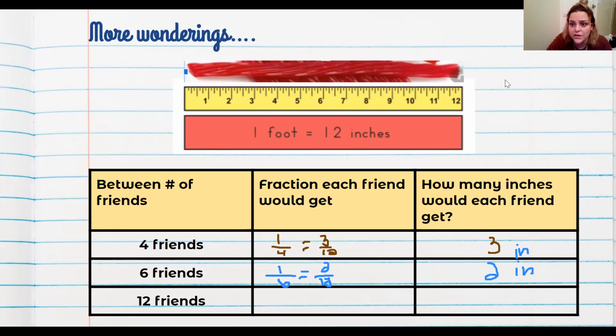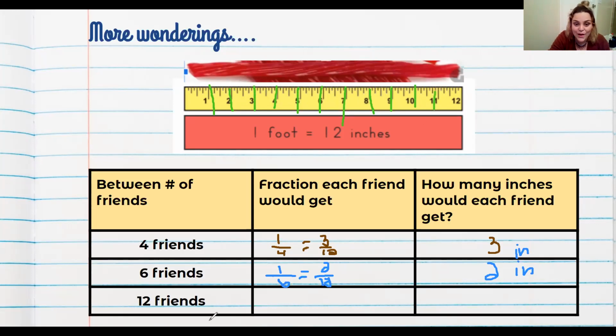So I'm gonna use a different color again. I'm gonna use green. So that'd be 1 part, 2, it's not gonna be perfect, 2 parts, 3, 4, 5, 6, 7, 8, 9, 10, 11, 12.